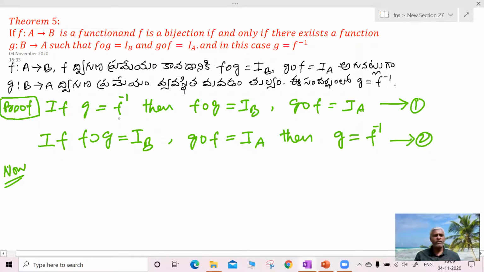Here g is equal to f inverse. We have to prove f is a bijection, therefore its inverse exists.